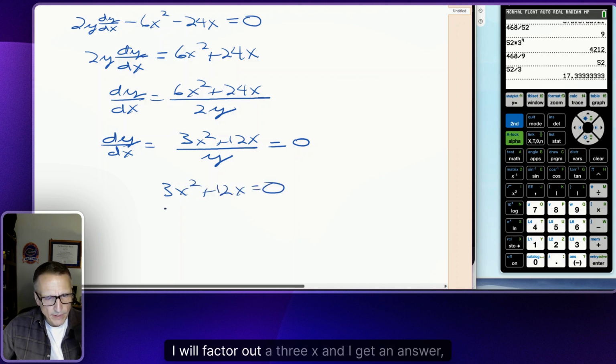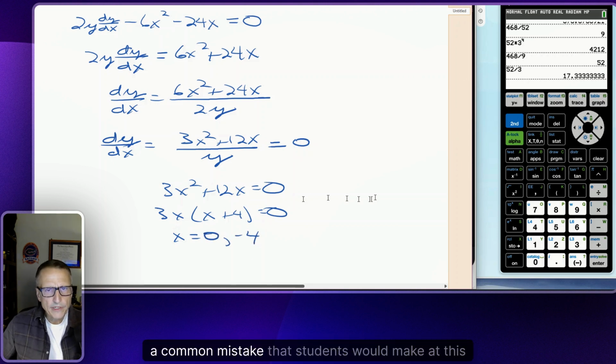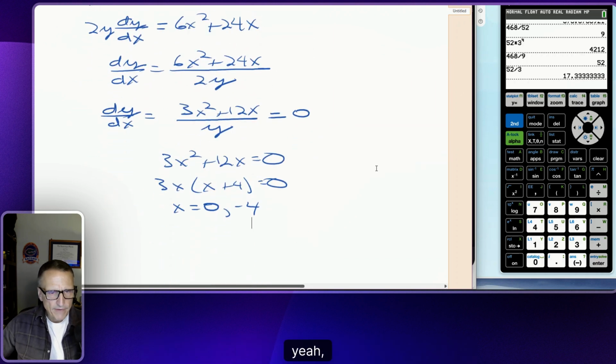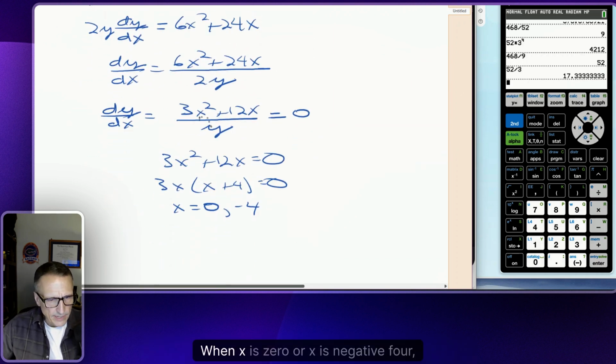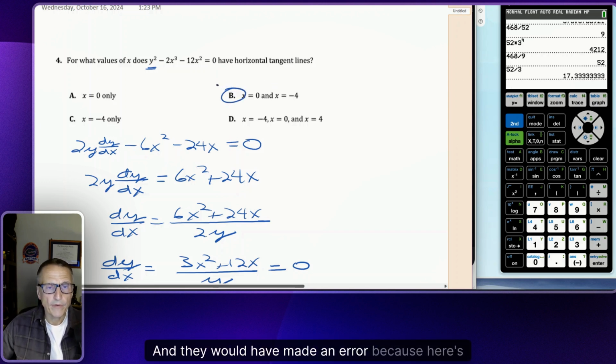I will factor out a 3x, and I get two answers actually, 0 and -4. Now, a common mistake that students would make at this point is they would say that, yeah, for sure, when x is 0 or x is -4, it's going to make the derivative 0, and they would probably choose that answer and move on, and they would have made an error.